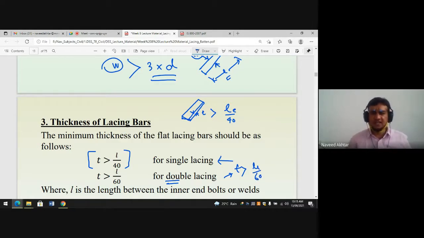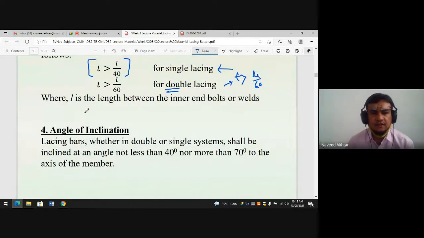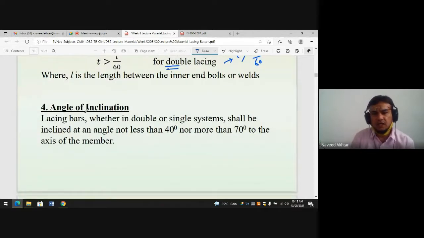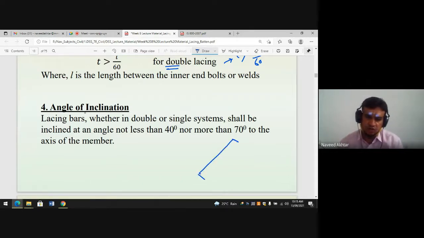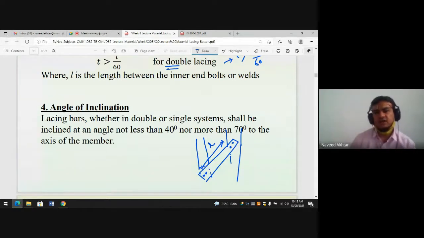In case of single lacing system, it is Le by 40. Here L is the length between the inner bolts, end bolts or welds. The inner bolt means, this is the lacing bar we are providing to the column. If 2 bolts are there, this inner distance between the bolts is the length. So that you have to remember.